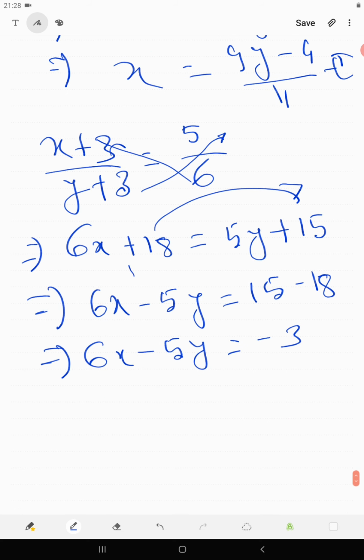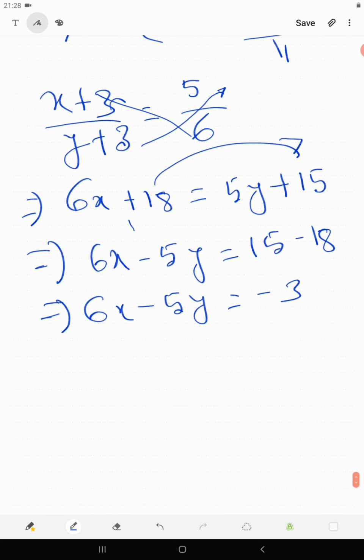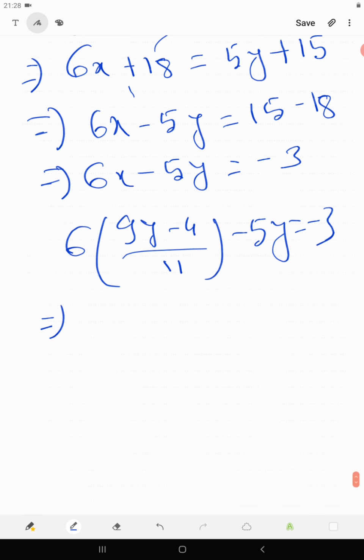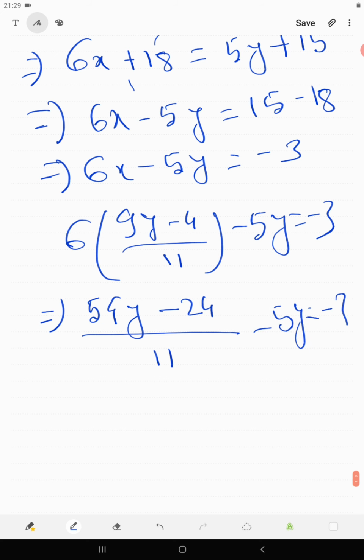Now put x equals 9y minus 4 divided by 11. So 6 into 9y minus 4 divided by 11 minus 5y equals minus 3. Okay. So what we are getting? We are getting 54y minus 24 divided by 11 minus 5y equals minus 3.